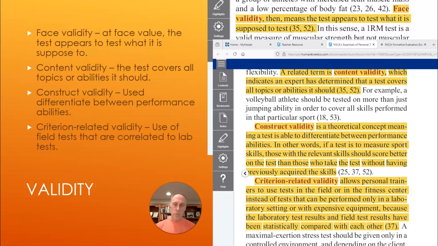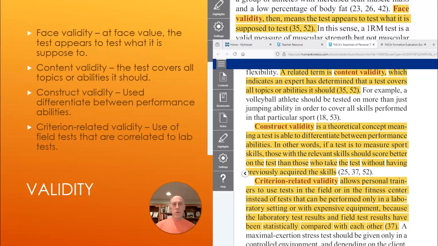Now let's go back to our volleyball player. We have a volleyball player who's played club since U12 and has been playing for their entire athletic career. If we test that person on a set of volleyball-related skills, one would presume that they would test out higher than somebody of the same age, same height, same body weight, but with no experience playing volleyball.